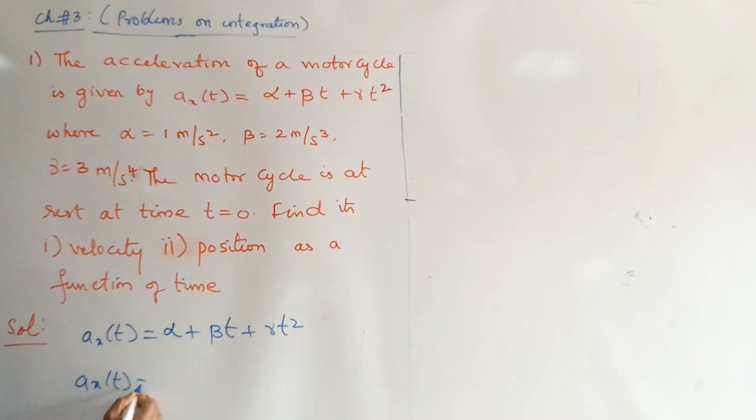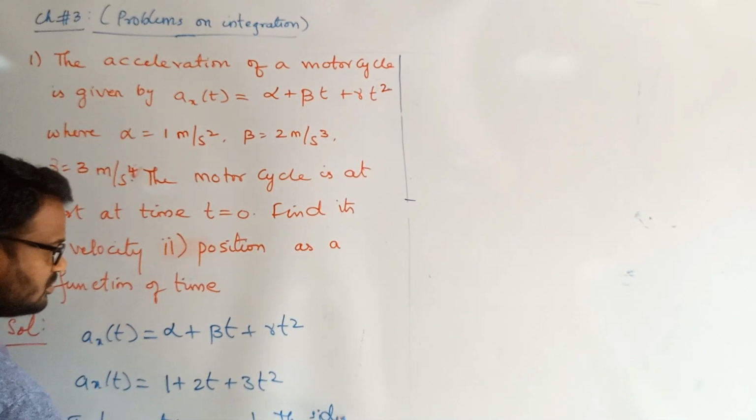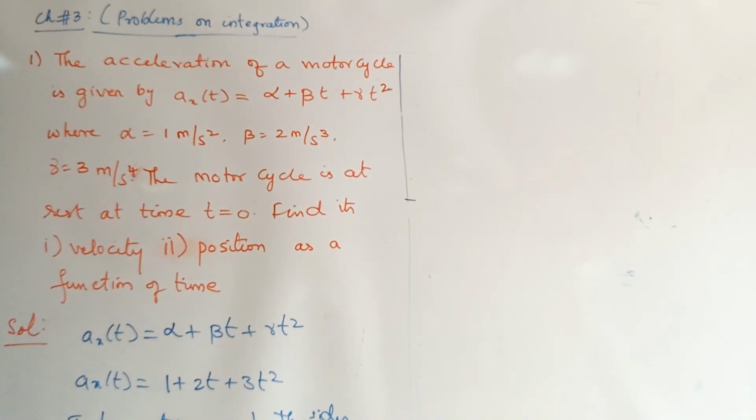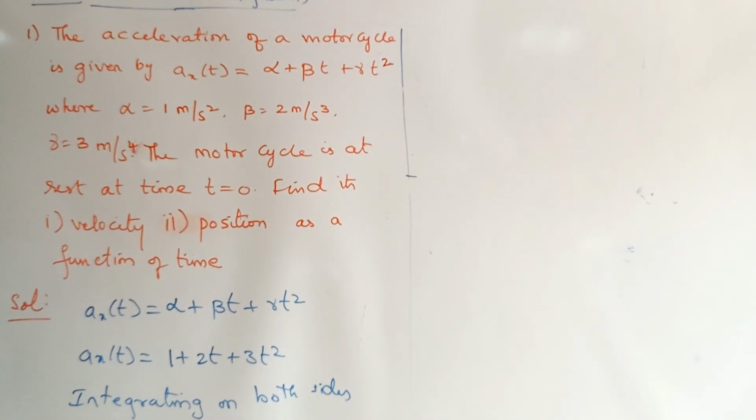Ax of t equals 1 plus 2t plus 3t square. Now what do you need to find? Velocity. How to get velocity from acceleration? That is from integration. Integrating on both sides.